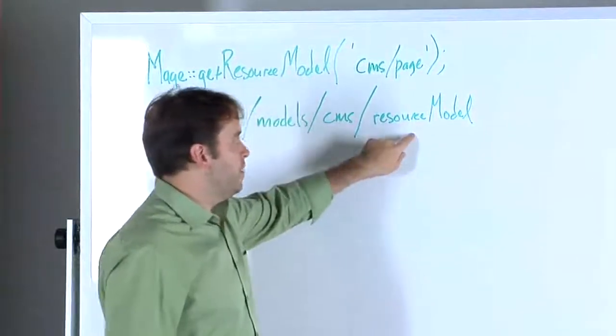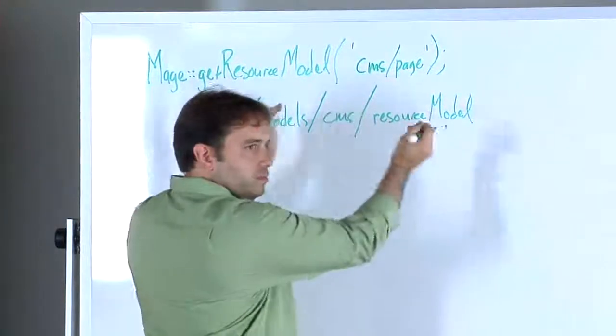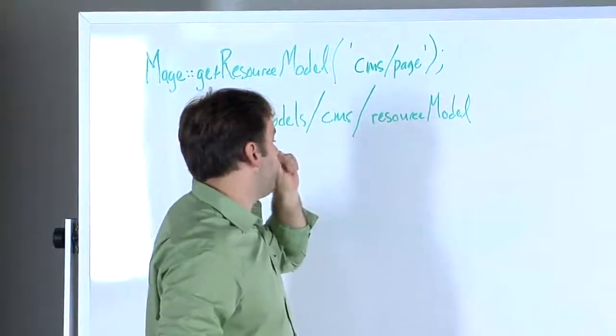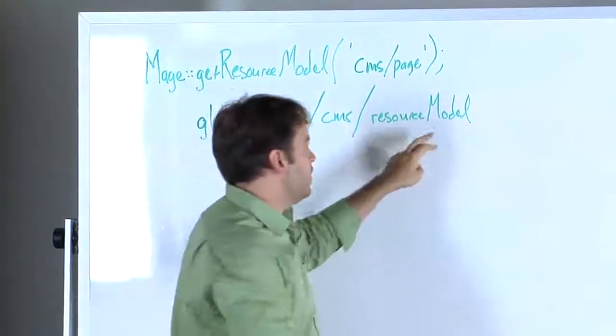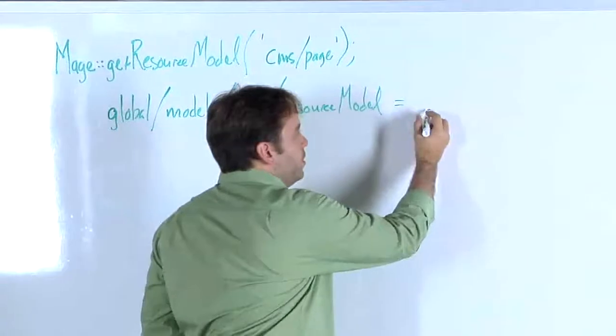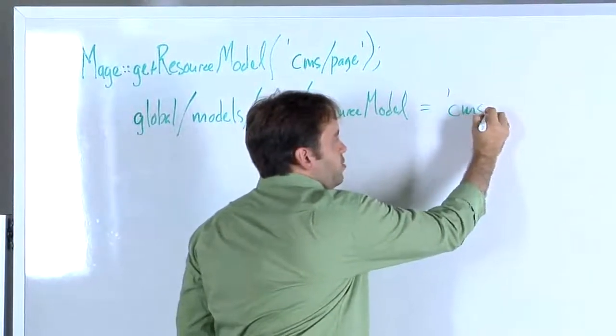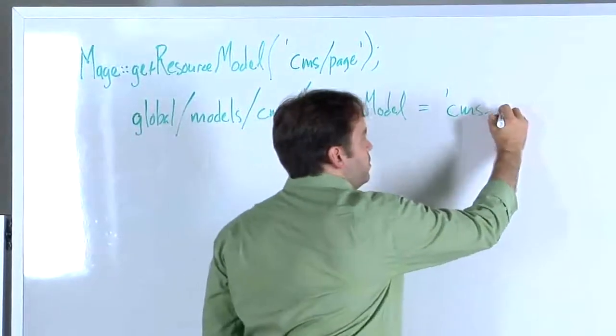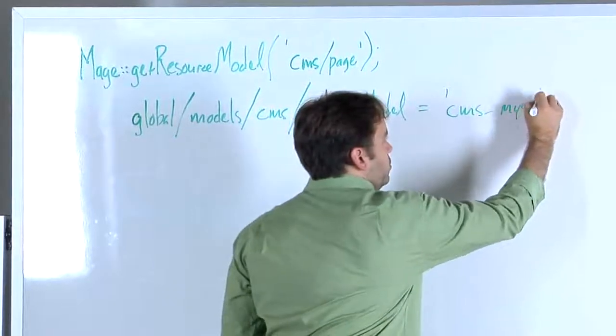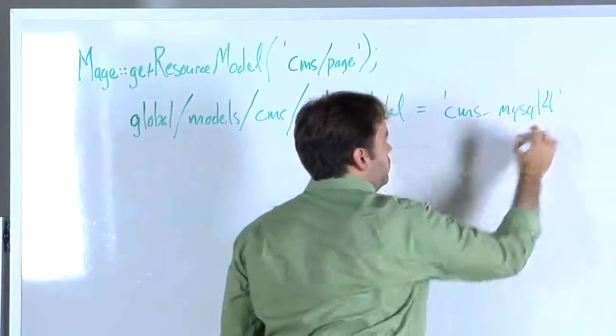These are all XML nodes. In here, we have a value, and it's a string of CMS MySQL 4.